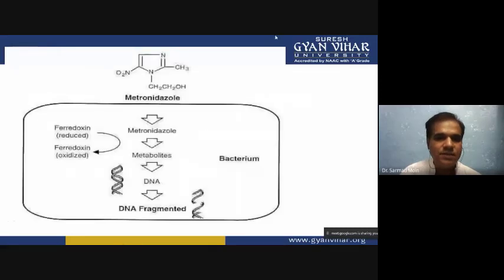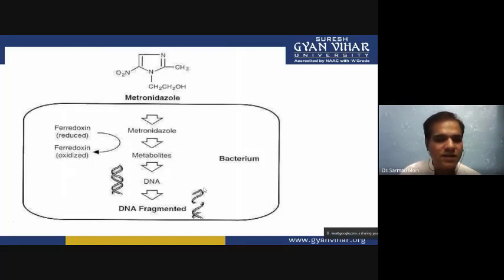So how is it happening? When we are treating with metronidazole, this is the chemical structure of metronidazole. Metronidazole comes inside the bacterium. So what will metronidazole do? It will be metabolized. The metabolites are effective, and these metabolites inhibit DNA synthesis and transcription, and the DNA will be fragmented.